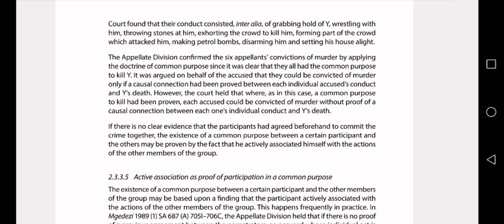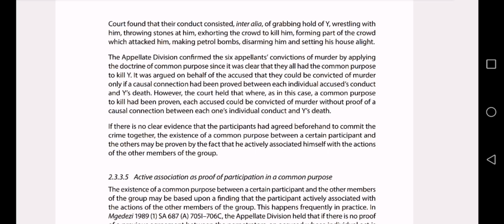The Appellate Division confirmed the 6 appellants' convictions of murder by applying the doctrine of common purpose, since it was clear that they all had the common purpose to kill Y.